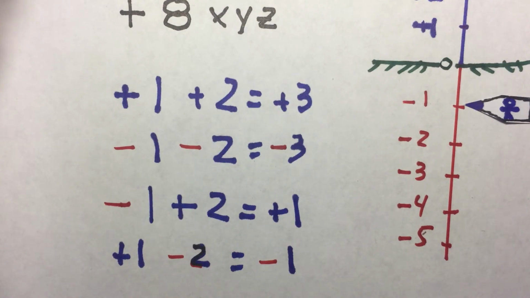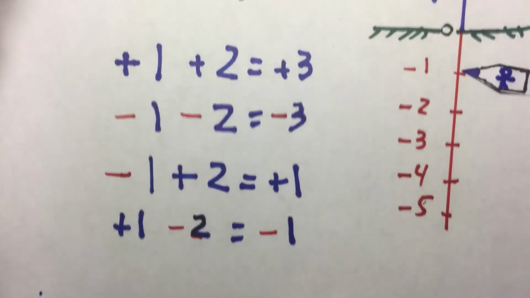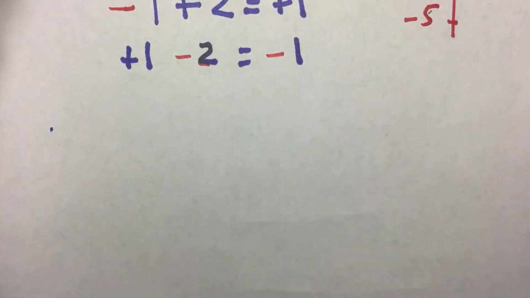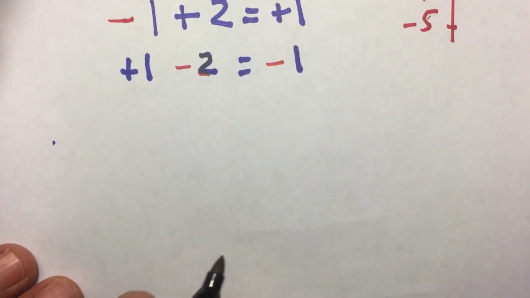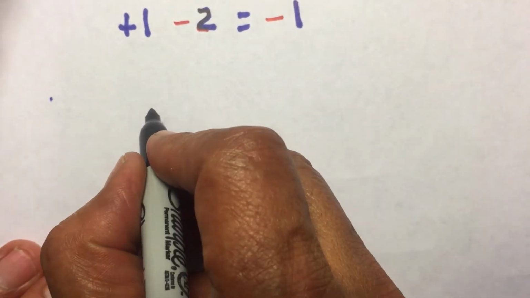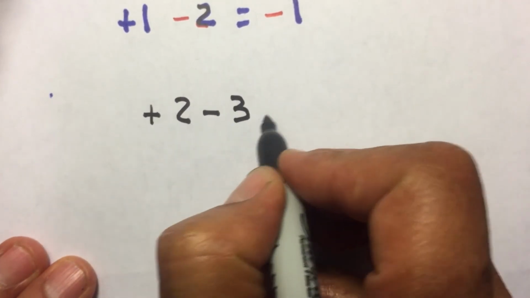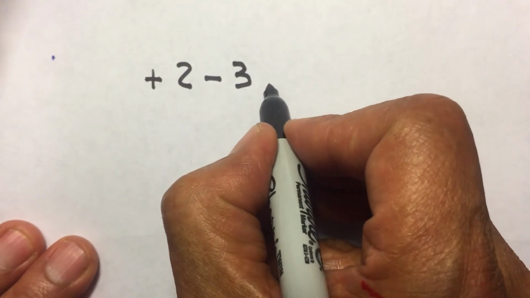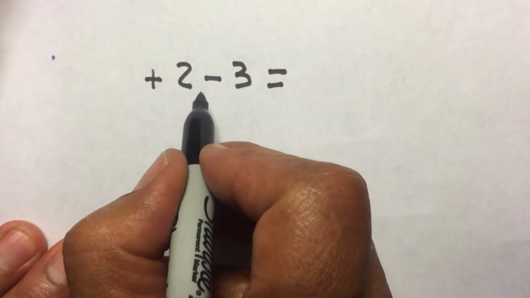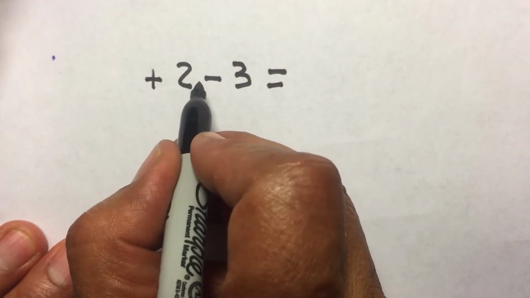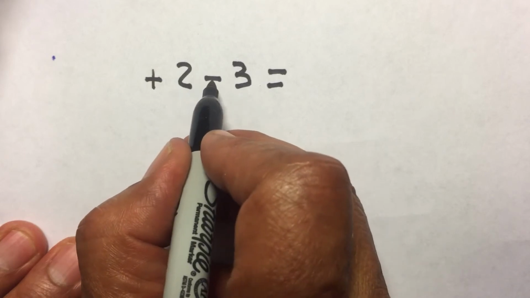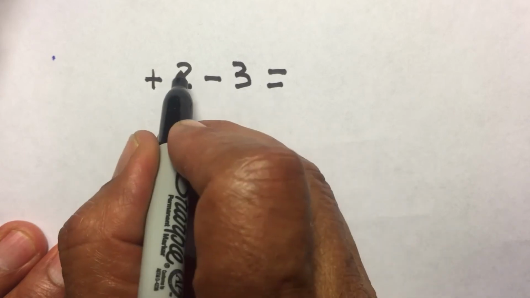So let's do some other examples. Let's do another example of plus 2 minus 3. We have two different signs. We use the sign of the largest. The largest number is 3.